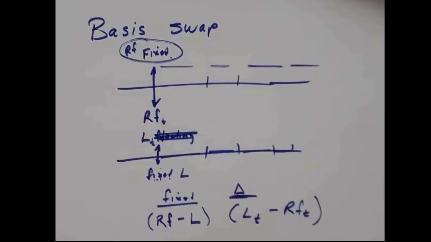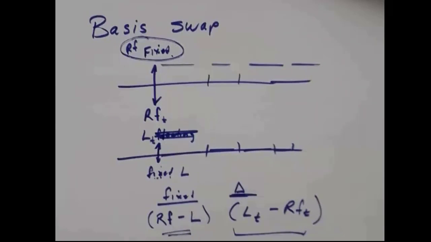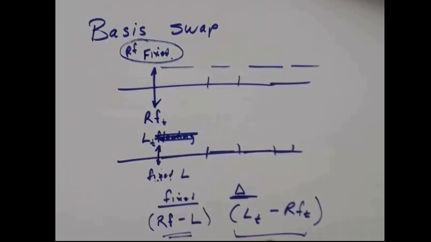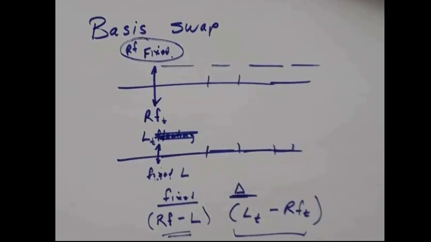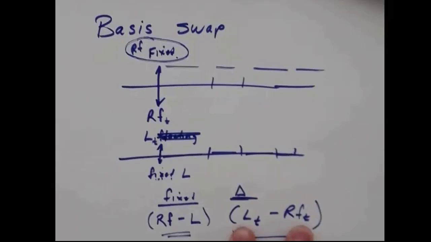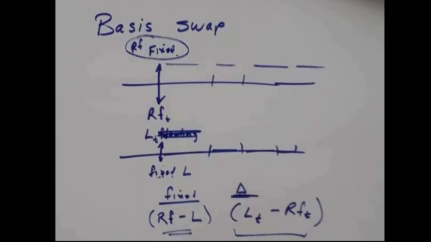And so really what you're looking at is, okay, this is a constant, and this is what varies. So in this particular example, we're hoping that LIBOR, the spread between LIBOR and the risk-free rate, widens. And if it widens, this difference will increase and we'll have a positive payoff.